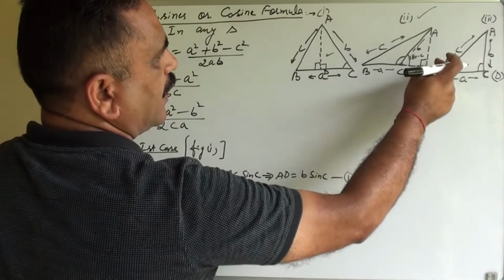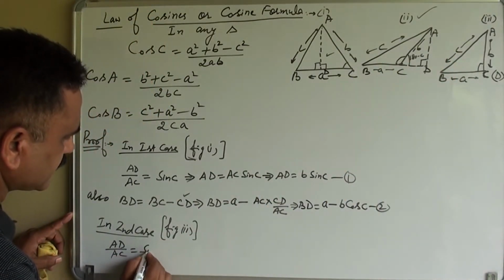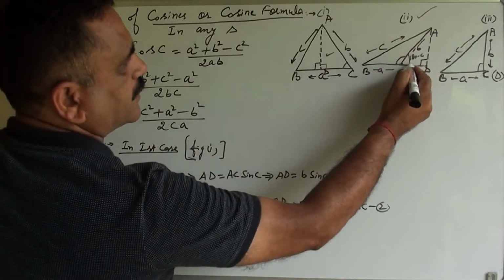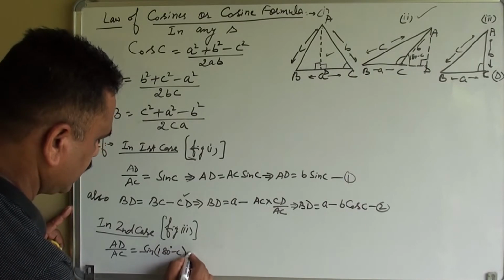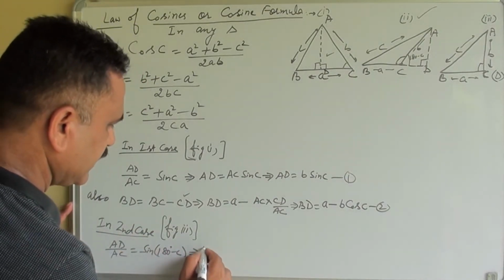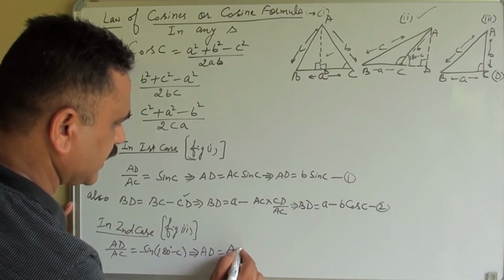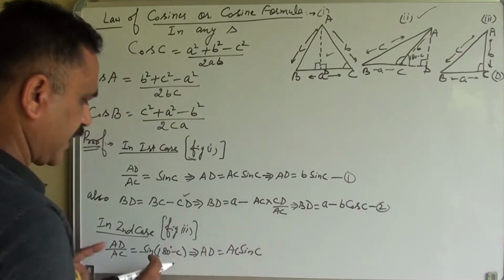एडी अपॉन एसी इज साइन ऑफ this angle 180 minus C. So this implies what is AD? AD is equal to AC sine of C. Why?